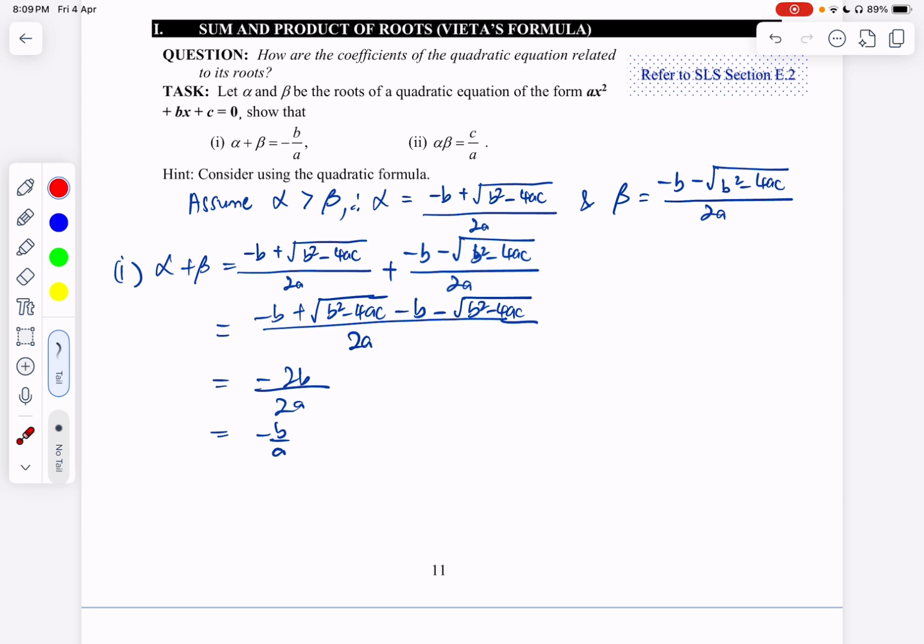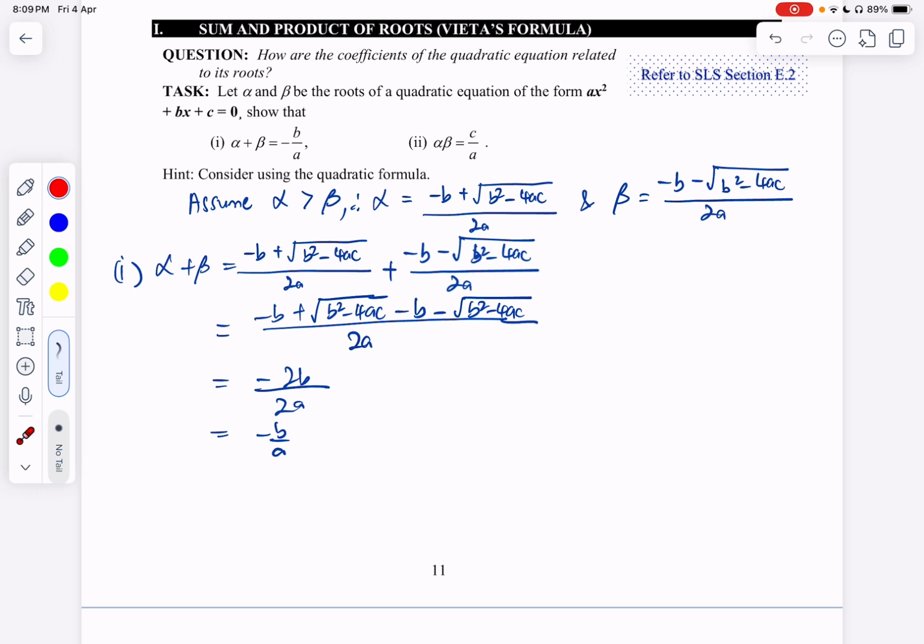So alpha plus beta: I've just copied over again. Minus b plus the square root of b squared minus 4ac, over 2a, plus the value for beta. These are two different fractions, so I've grouped them into the same fraction. Because this is plus, it does not affect the signs of the numerator of the second fraction.